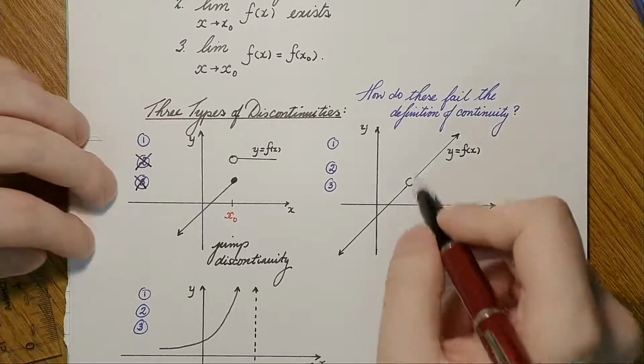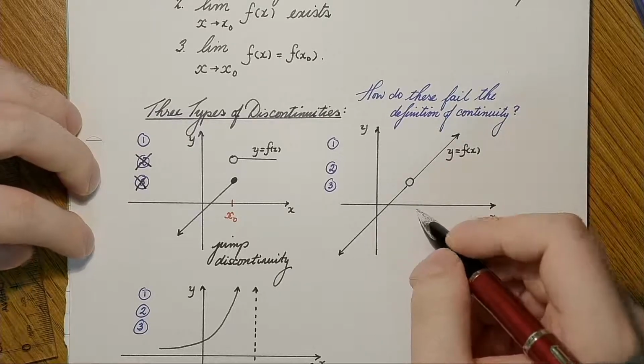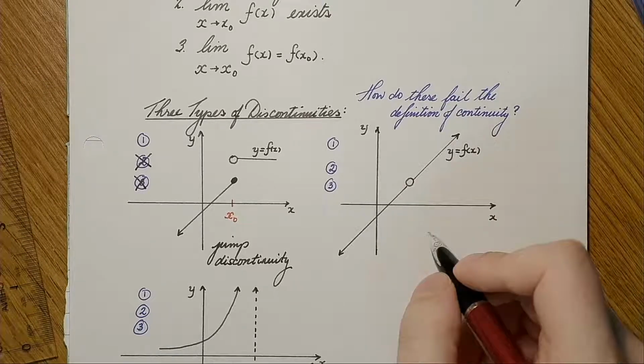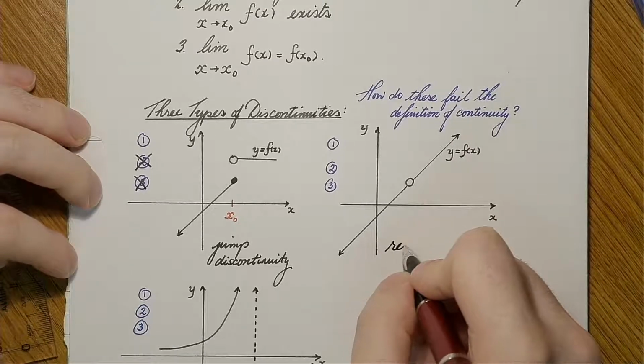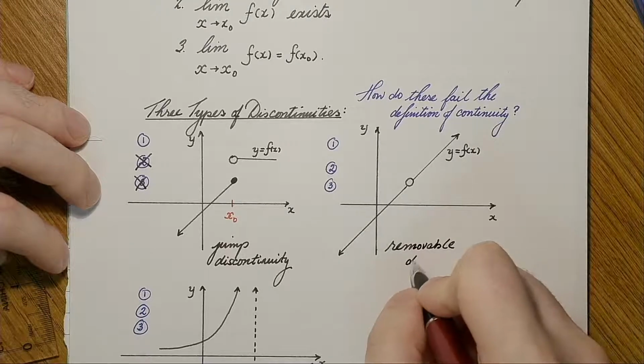So we were calling this a hole, but I believe they call this a removable discontinuity.